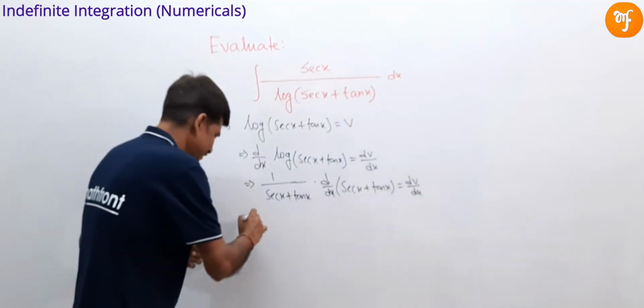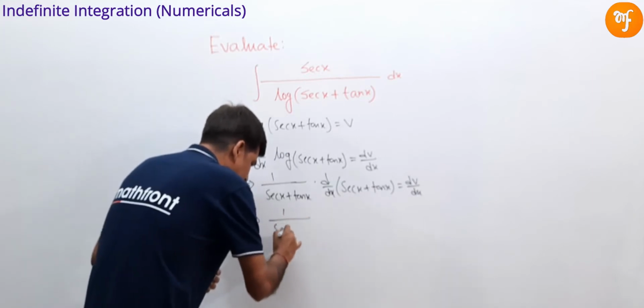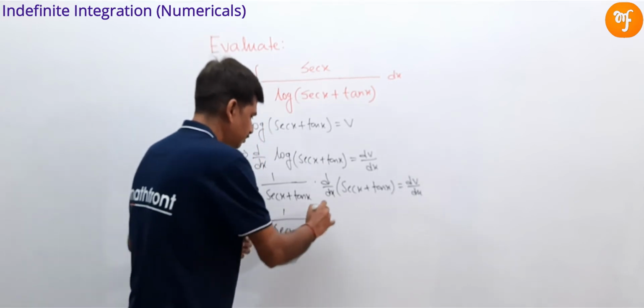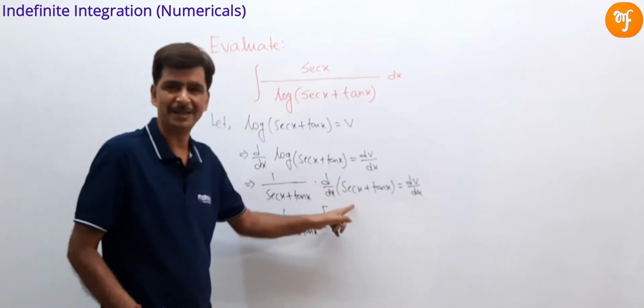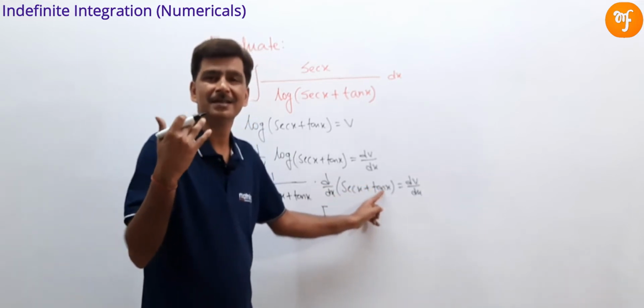So we can write 1 divided by (sec x plus tan x) into, now what is d/dx of sec x? d/dx of sec x is sec x tan x, and d/dx of tan x is sec square x.